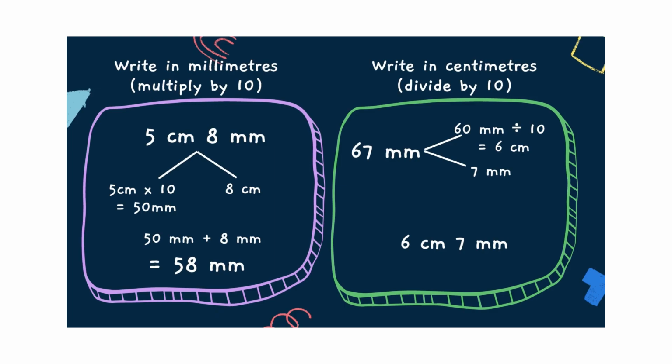So you have 67 millimeter. What we do is that we break it up to 60 and 7. So 60 millimeter divided by 10 is equal to 6 centimeter, and you have 7 millimeter. We cannot do anything with the 7 millimeter. We're going to just leave it like that. So we're going to write 6 centimeter and 7 millimeters. Okay.